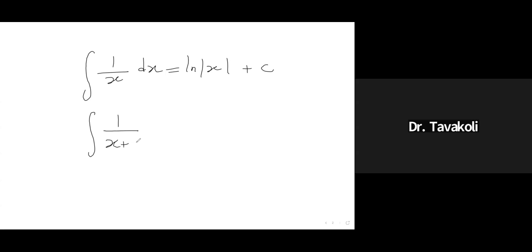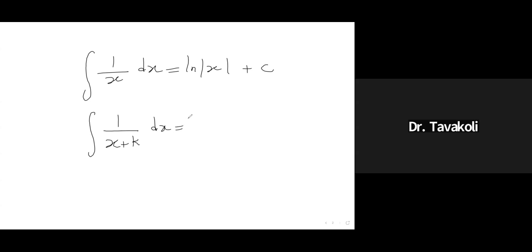As you know, the integral of 1 over x is ln of absolute value of x plus c. And if instead of x in the denominator, we have any other linear factor, like 1 over x plus a constant k, that constant k could be positive, negative, or 0.